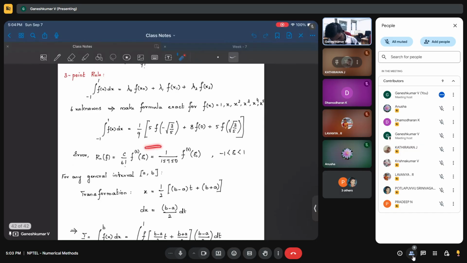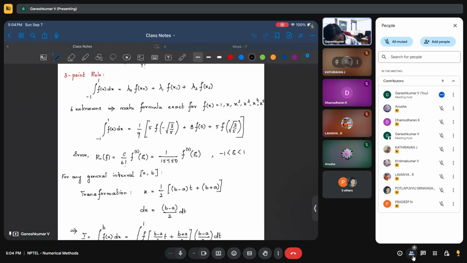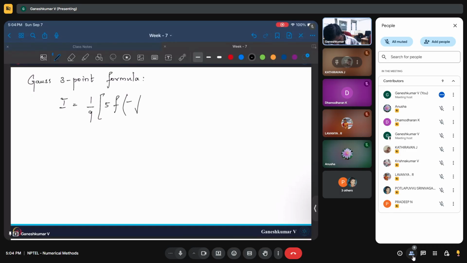This one. Okay, you have 1 by 9 times [5 f(minus square root of 3 by 5) plus 8 f(0) plus 5 f(square root of 3 by 5)].